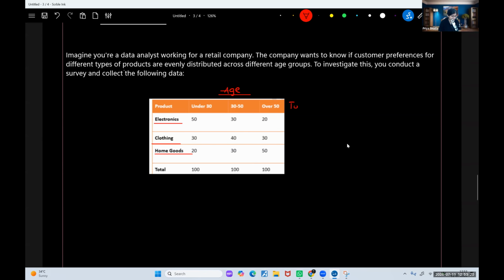So if I talk about the total products, I have 100 products of electronics, 100 products of clothing, and almost 100 products of home goods. So in total, I will be having 300 products over here. That is the first and foremost thing.